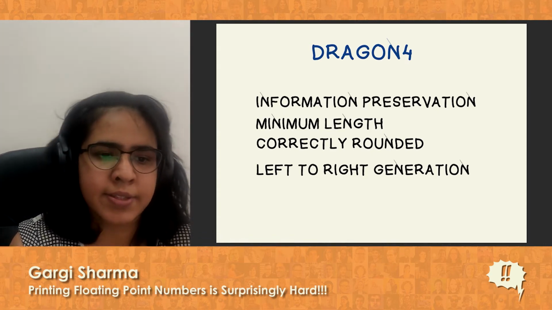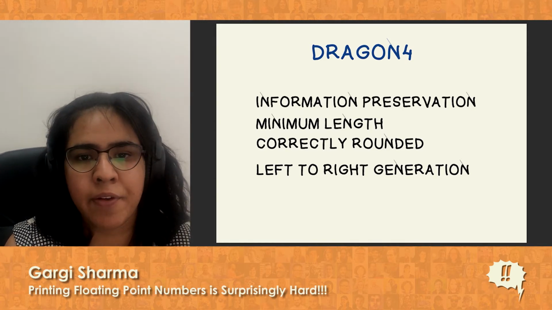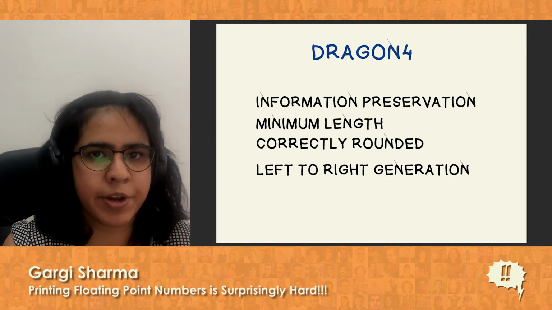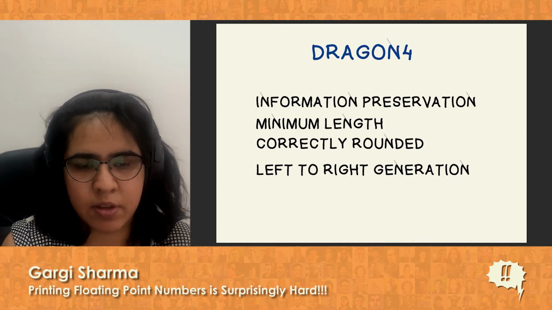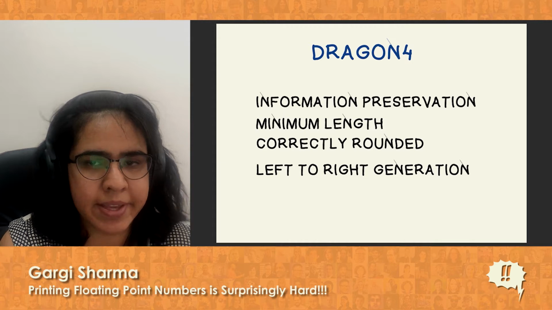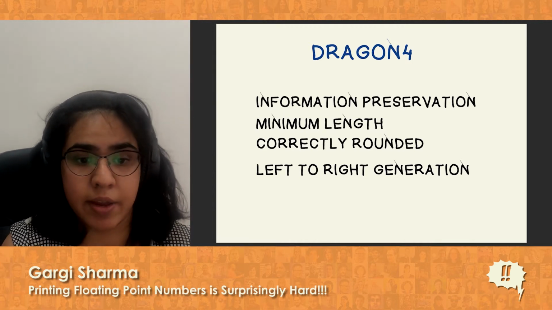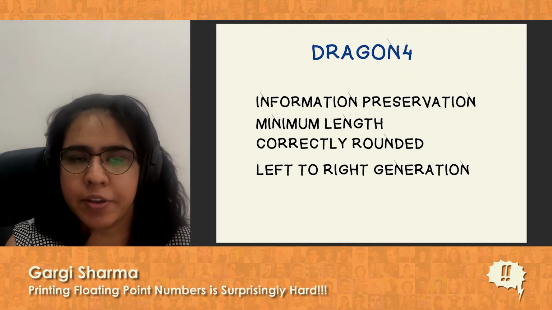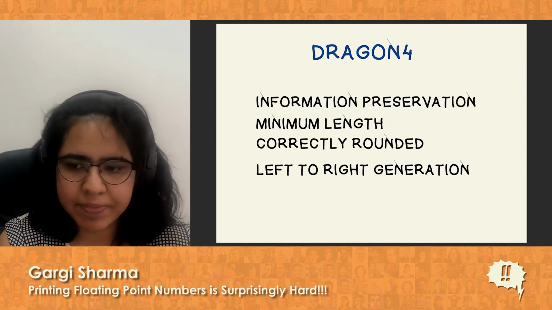They put across four criteria for how you print the correct representation of a floating point number. The first was information preservation, which you can also call round-trippability.